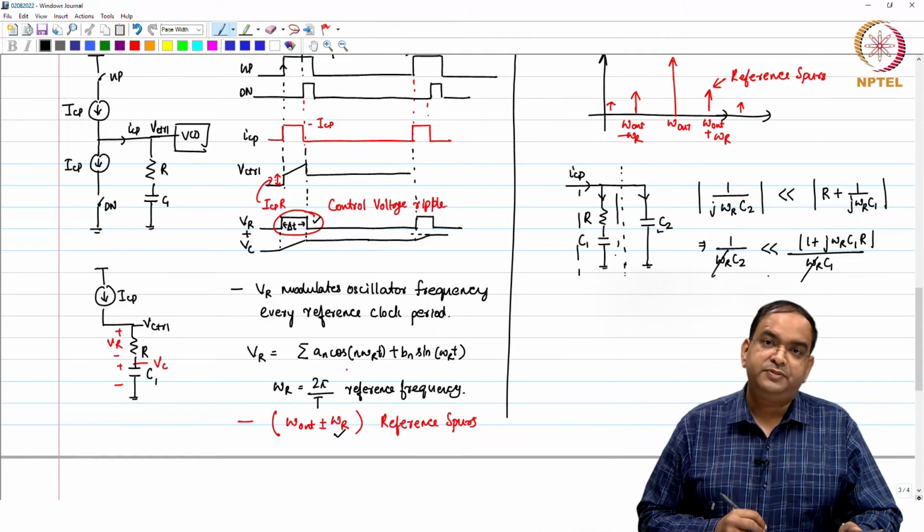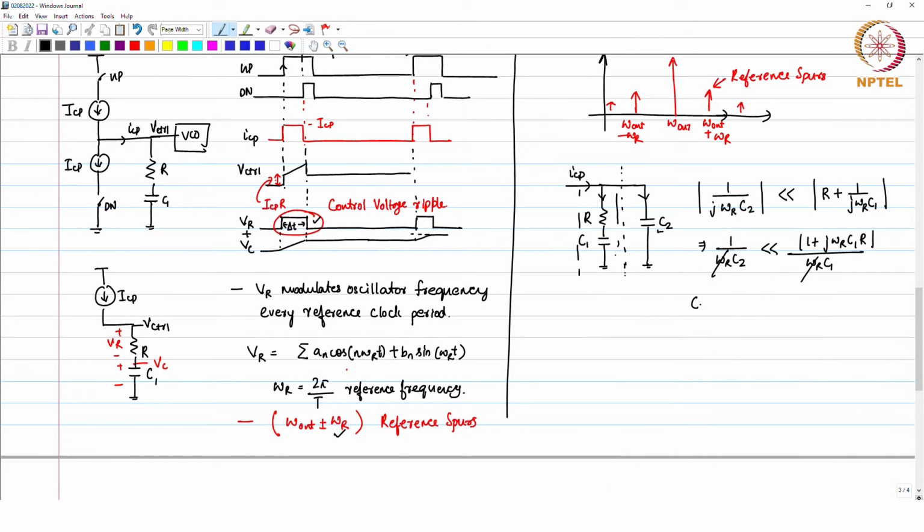So, C2 has to be much larger than C1 divided by (1 plus j omega r C1 times R). Omega r refers to the reference frequency.